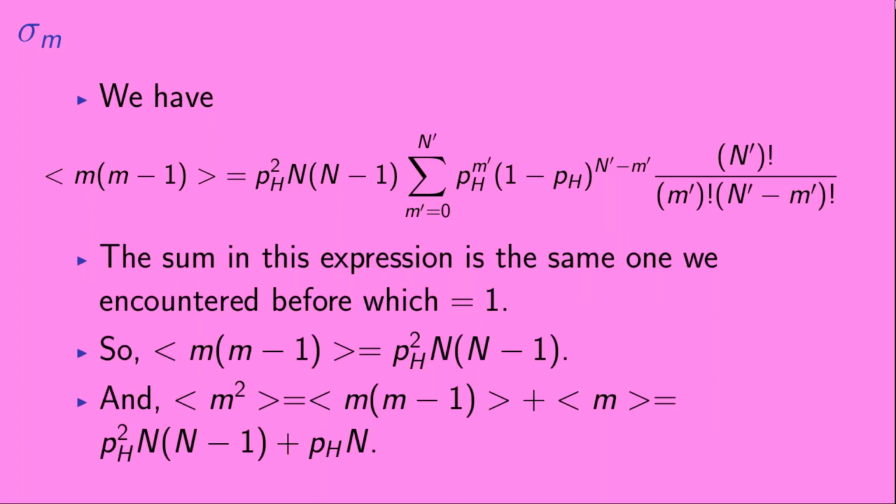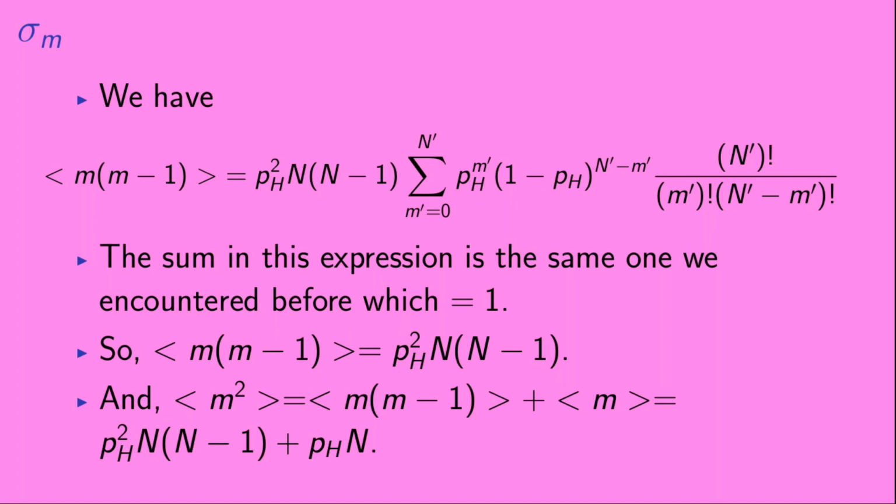Okay, so we have our expression for the mean value of m times m minus 1 from the previous slide. Now if we look closely, we can see that the sum in this expression is the same one we encountered before, which was equal to 1. So the mean value of m times m minus 1 is equal to ph squared n times n minus 1.